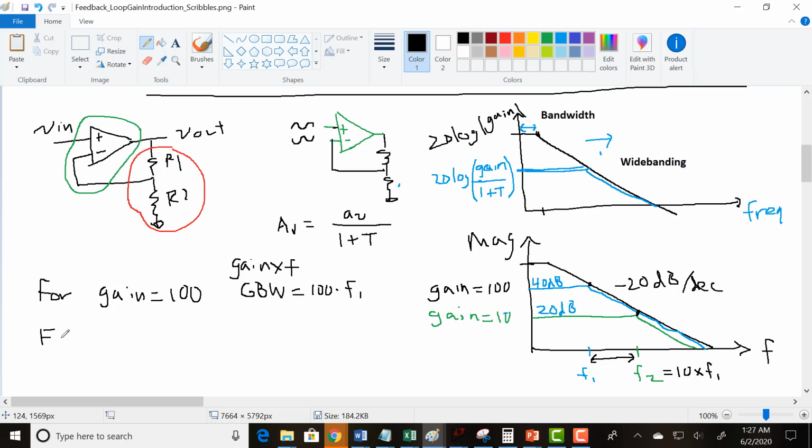Okay, now for gain equals 10, your gain bandwidth product, it's often called gain bandwidth product, that equals your gain, which is 10, times your new frequency, which is F2, but F2 just equals 10 times F1.